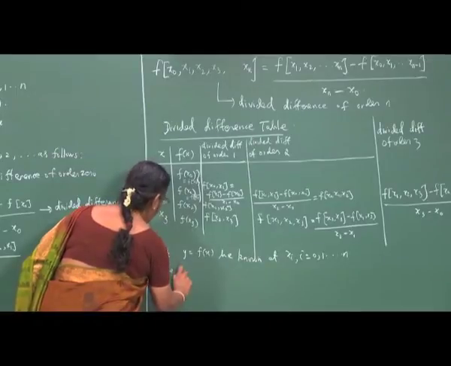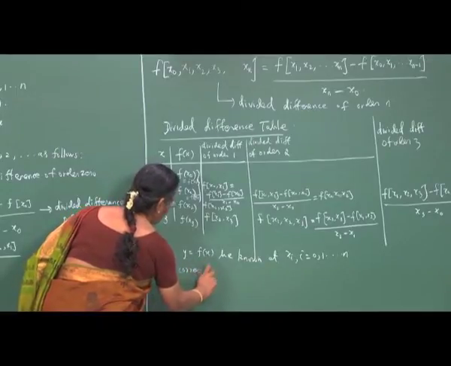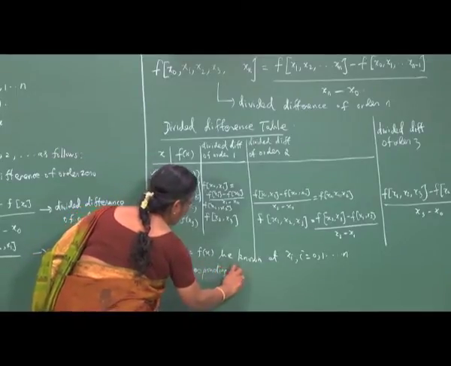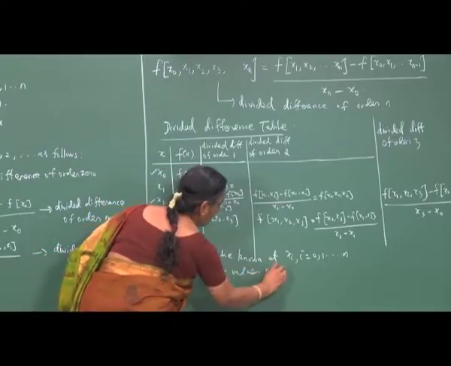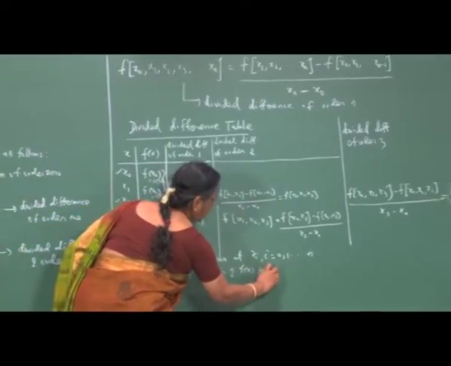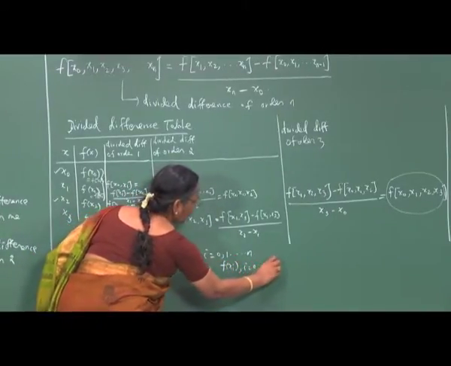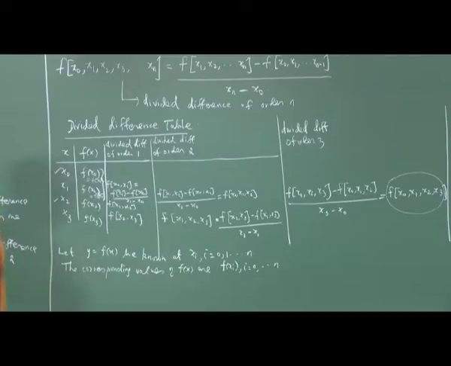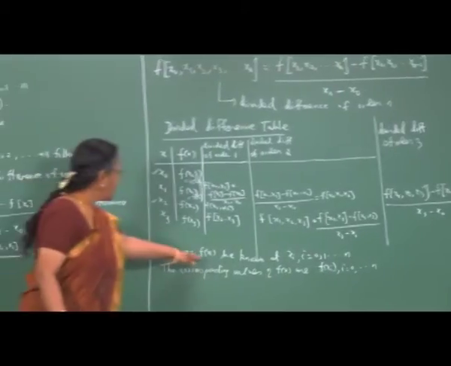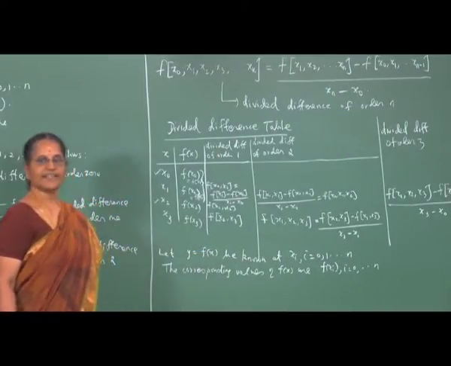The corresponding values of f of x are f of xi at i is equal to 0, 1, 2, 3 up to n. So, I want to reconstruct this function f of x.